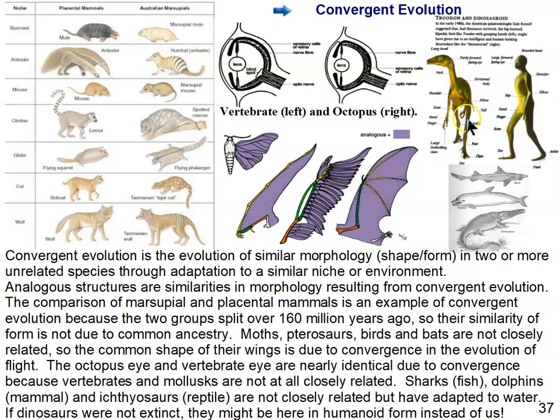If dinosaurs had not gone extinct, we wouldn't be here, and possibly they may have evolved to fill our niche. Like I said, an extreme science fiction kind of example, but that's the idea of convergent evolution.